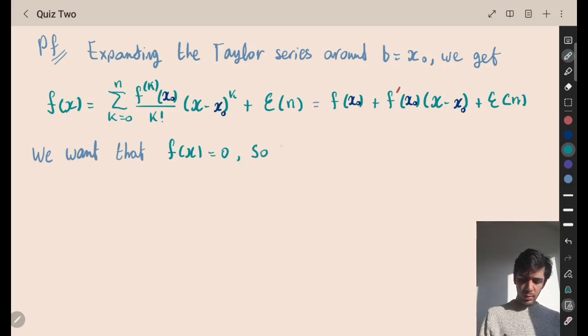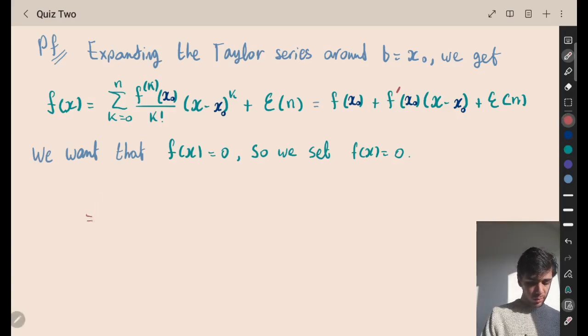So we set f of x to be equal to 0. And the idea here is to ask, what is going to happen when I set f of x equal to 0? Am I going to get some sort of information? So let's take a look into this.